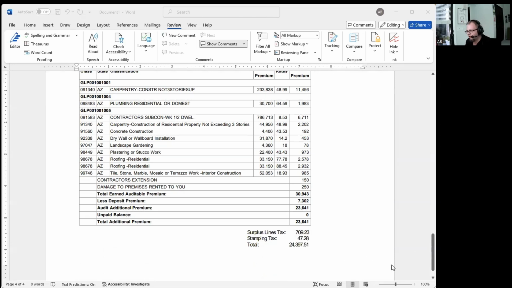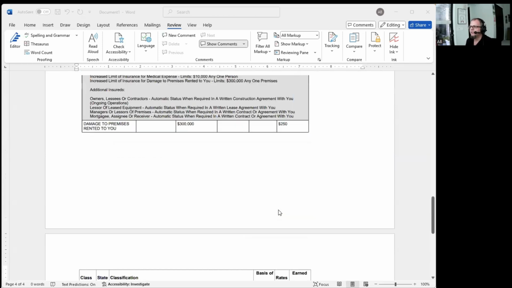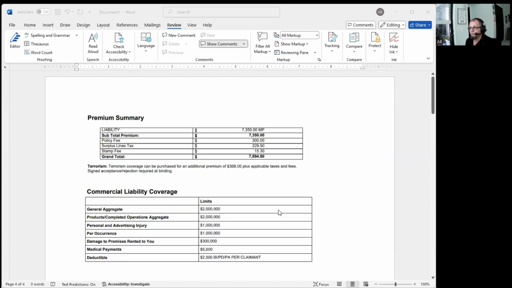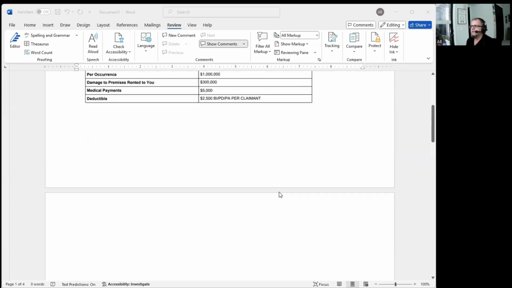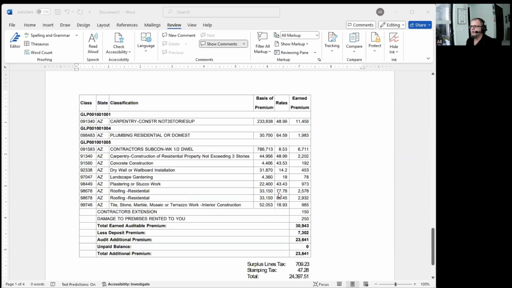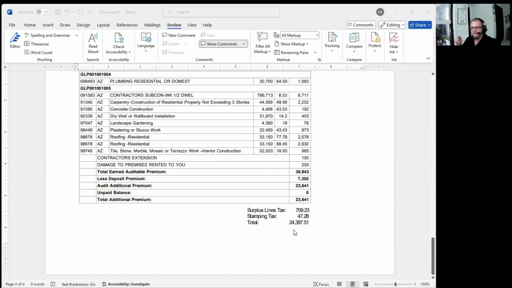$24,397.51. So now this policy that was originally supposed to be $7,894.80, we have an additional bill, they've already paid that, of $24,397.51.